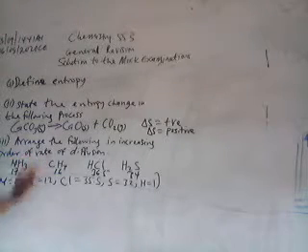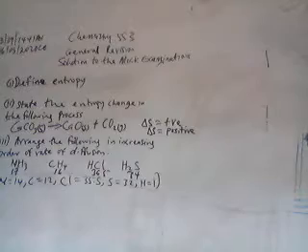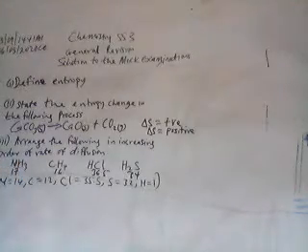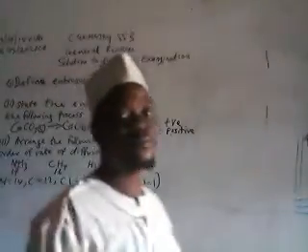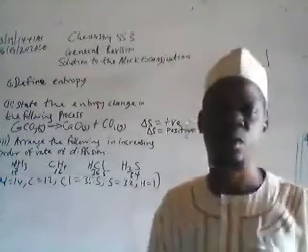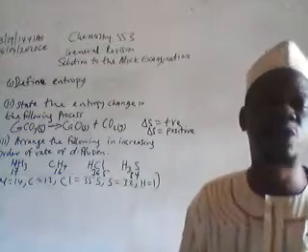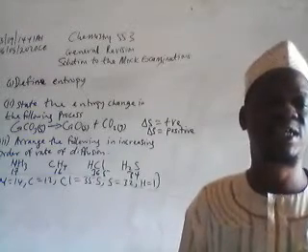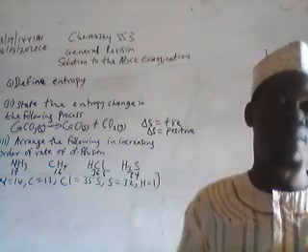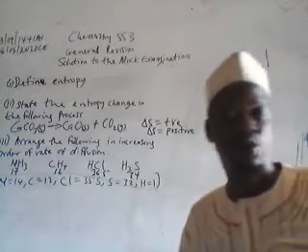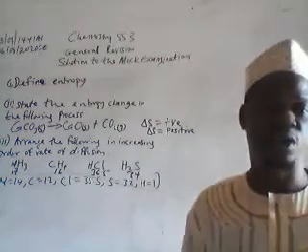In that situation, the question says increasing order of rate of diffusion. It means you have to start from the slowest diffusing to the fastest diffusing. So when you are dealing with increasing rate of diffusion, you have to start with the highest molecular mass, because the higher the molecular mass, the lower the rate of diffusion. So start from the highest molecular mass and end with the lowest molecular mass.